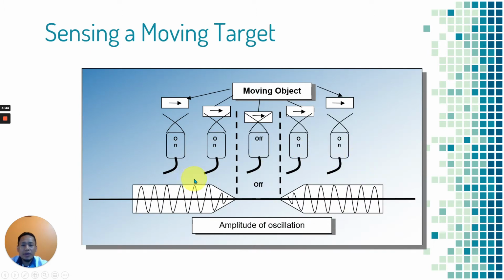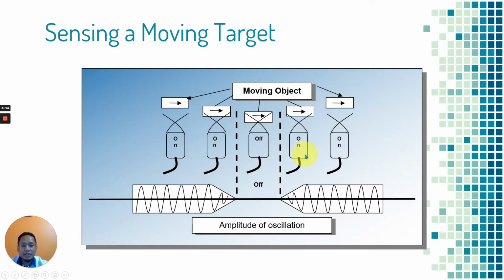So, for example, a moving object from left to right. The sensor will show the moving object at the top and the amplitude of oscillation at the bottom. So the amplitude creates the oscillating signal and switches on. And then if the moving object disappears in the center, the signal will be turned off.